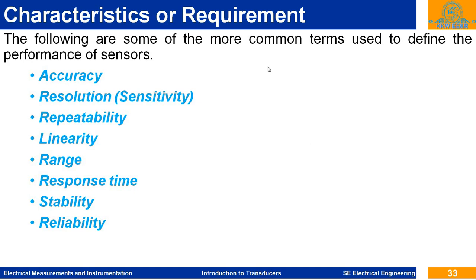These are some common terms used to define the performance of a sensor: accuracy, resolution or sensitivity, repeatability, linearity, range, response time, stability and reliability. The transducer must have all these characteristics.